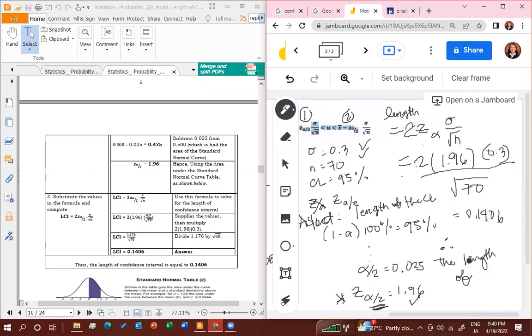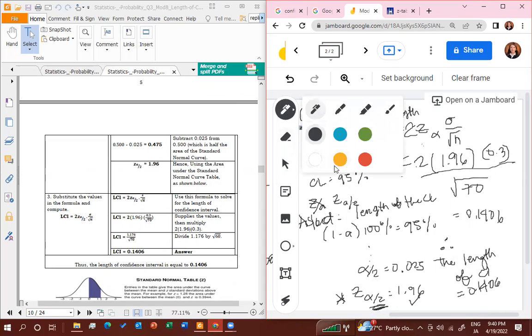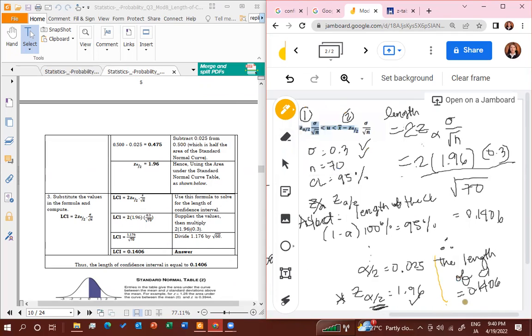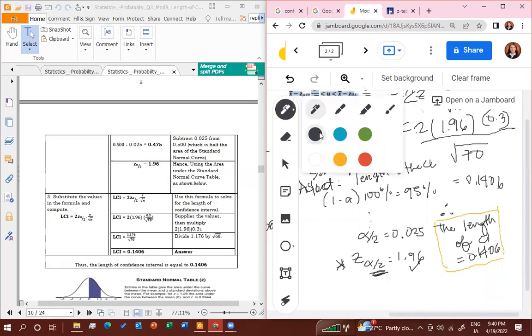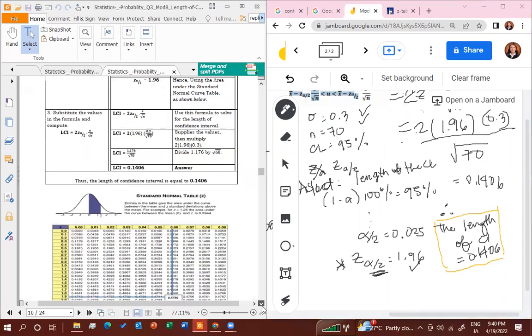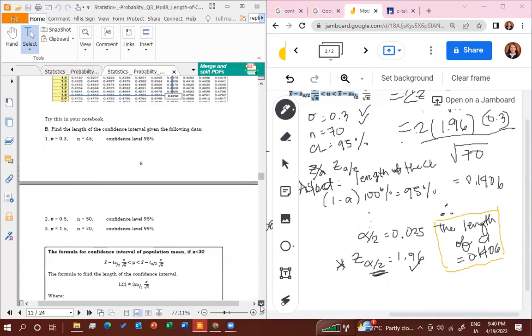So the length of the confidence interval would be equal to 0.1406. So always make sure to know what you are looking for, kay sometimes we get caught up sa ato ang mga solutions and then we forget nga layo naman dito sa point sa ato ang gi-solvan. Now we move on.